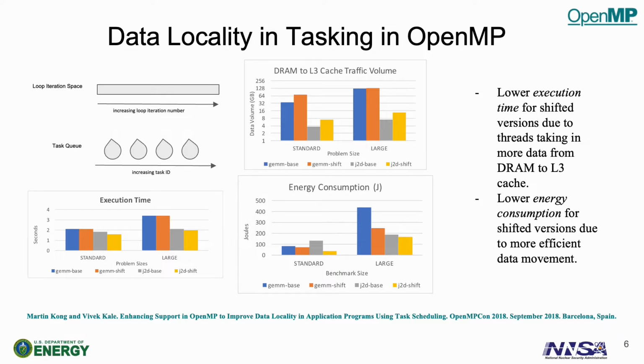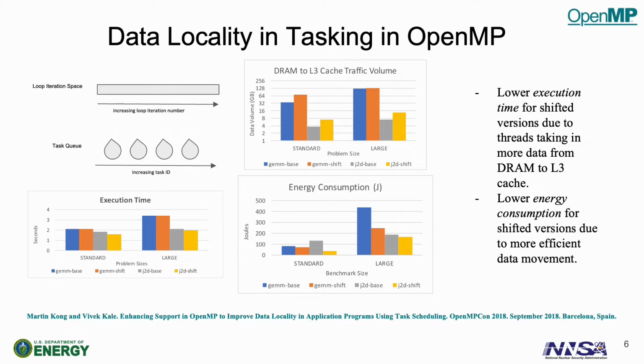For the scheduling strategies we showed before, we're actually optimizing temporal locality. We remember where each chunk ran, meaning which thread each chunk ran on in the previous time step, and then try to dequeue that chunk onto the same thread in this time step.